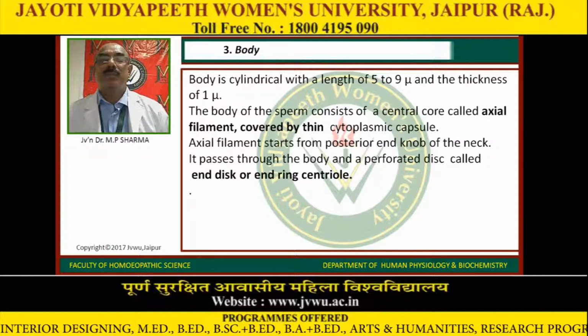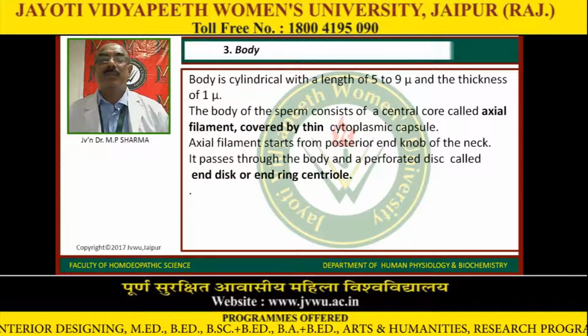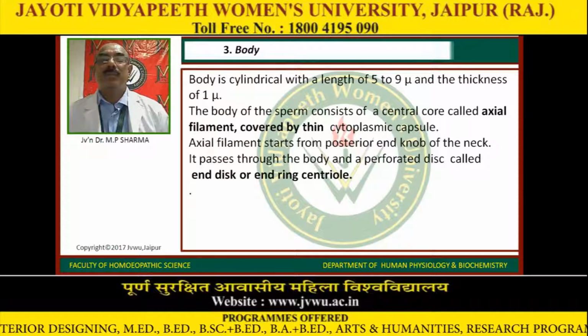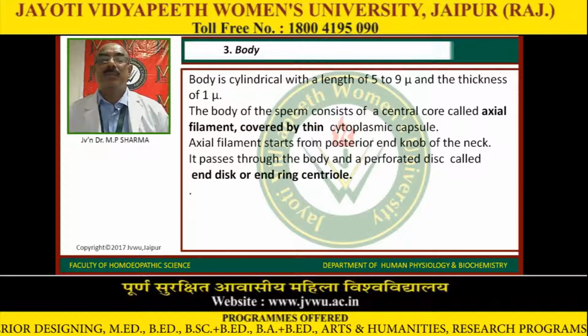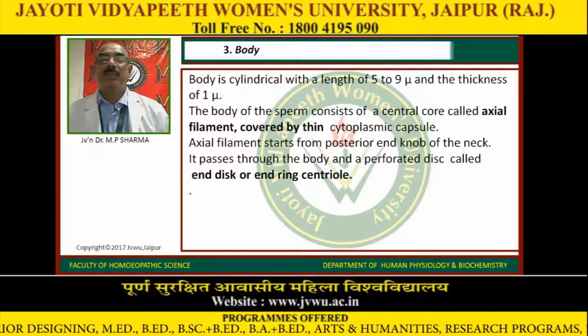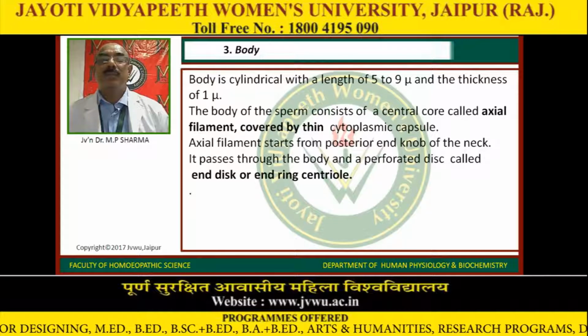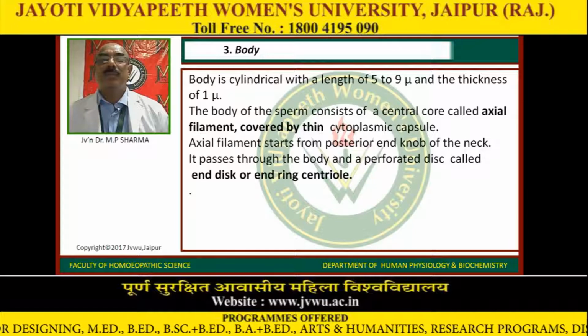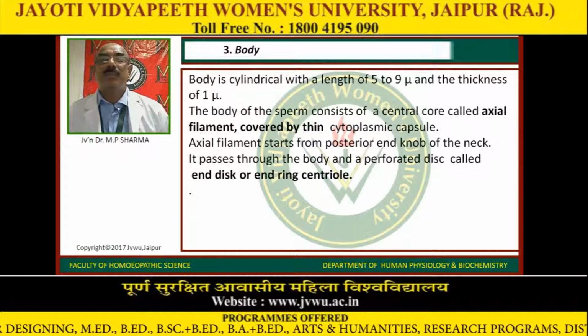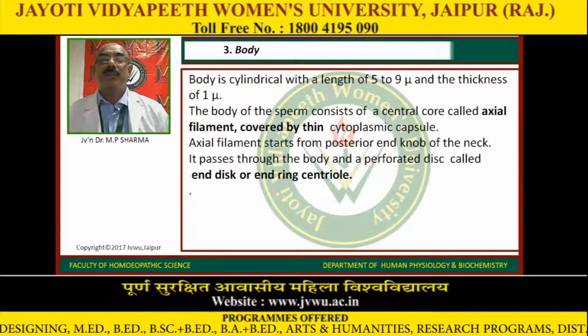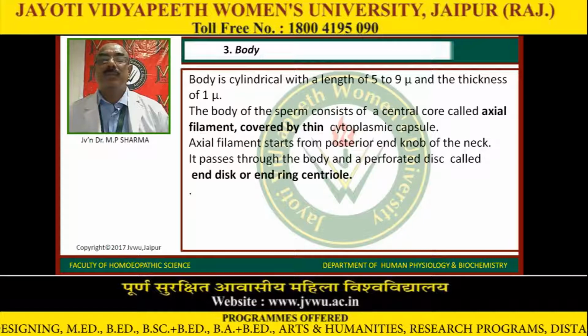Now the body is cylindrical with a length of 5 to 9 micron and a thickness of 1 micron. The body of the sperm consists of a central core called the axial filament covered by a thin cytoplasmic capsule. The axial filament starts from the posterior end knob of the neck.